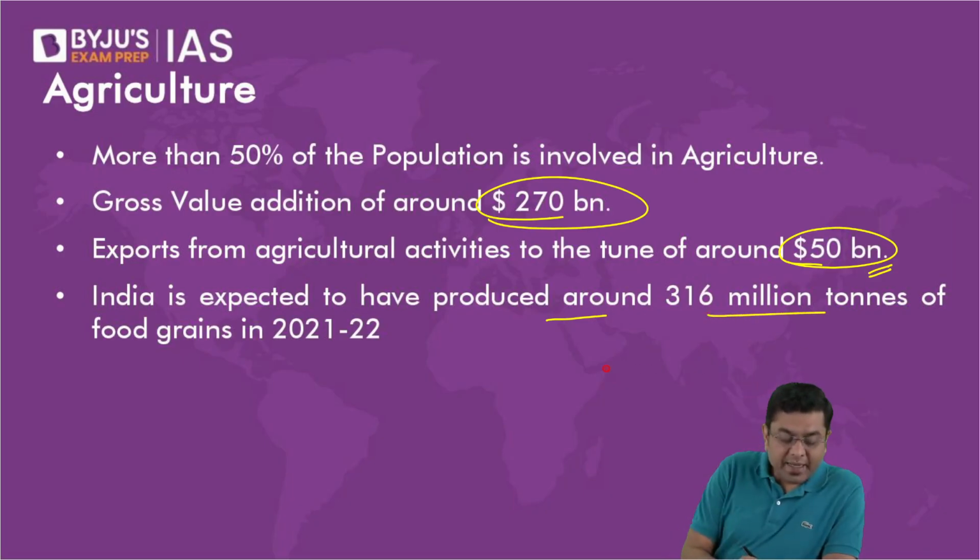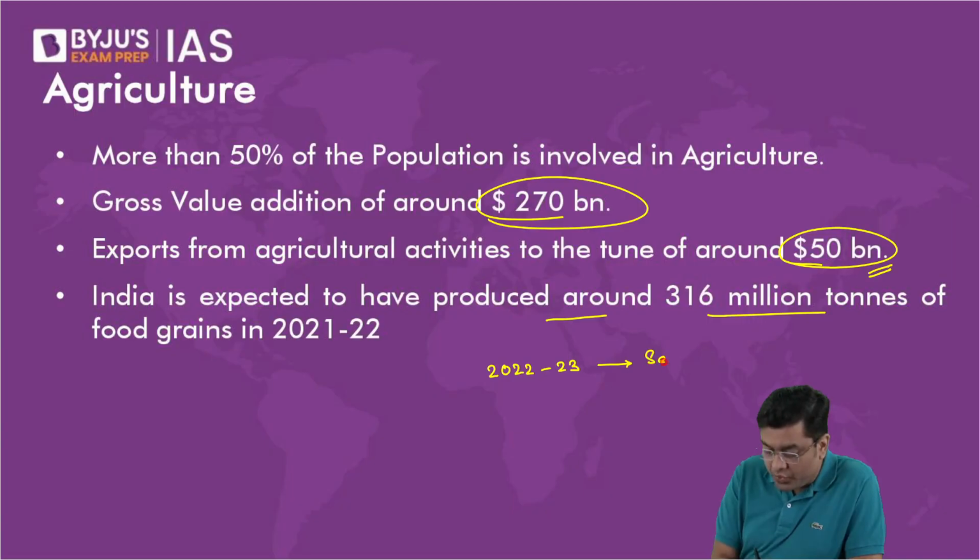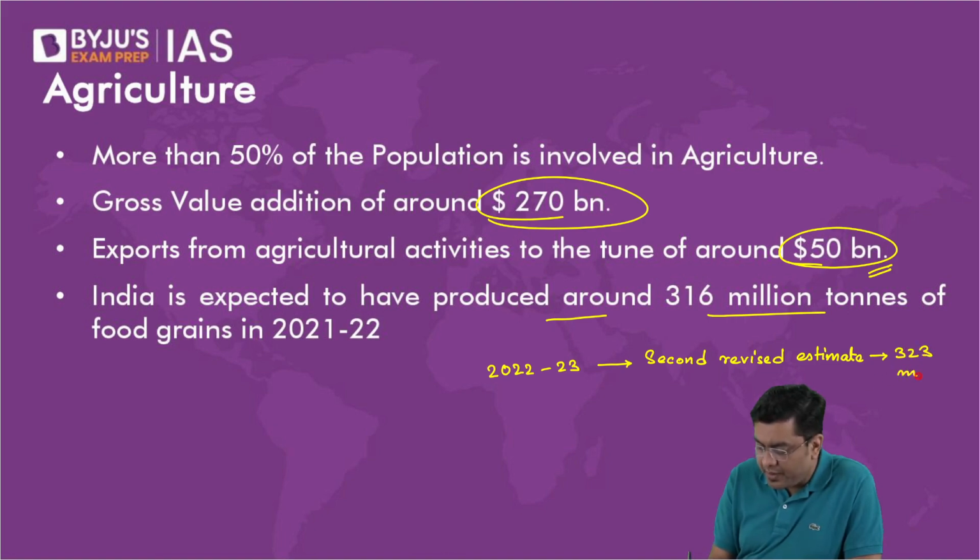India is expected to have produced around 316 million tons of food grains in 2021-22, and in 2022-23, as per the second revised estimate, it is expected to be 323 million tons.